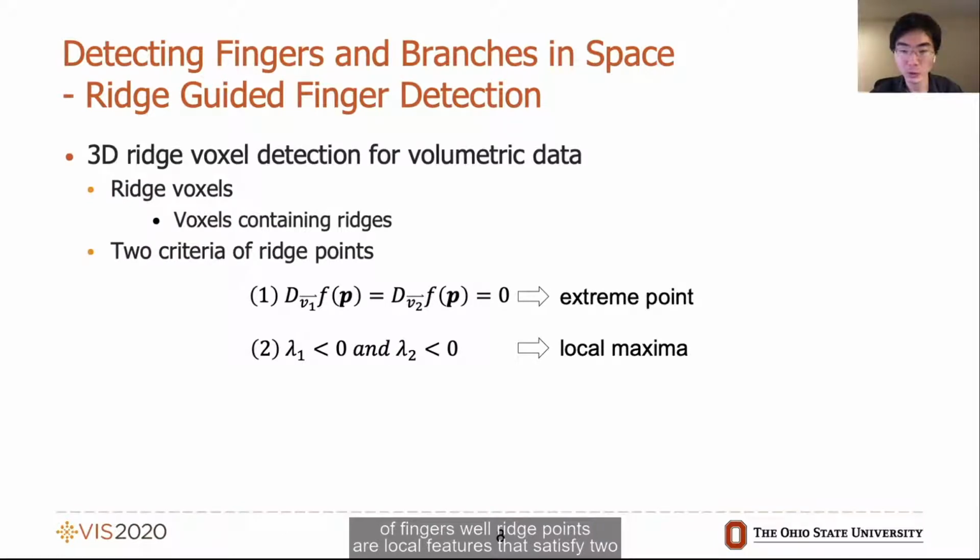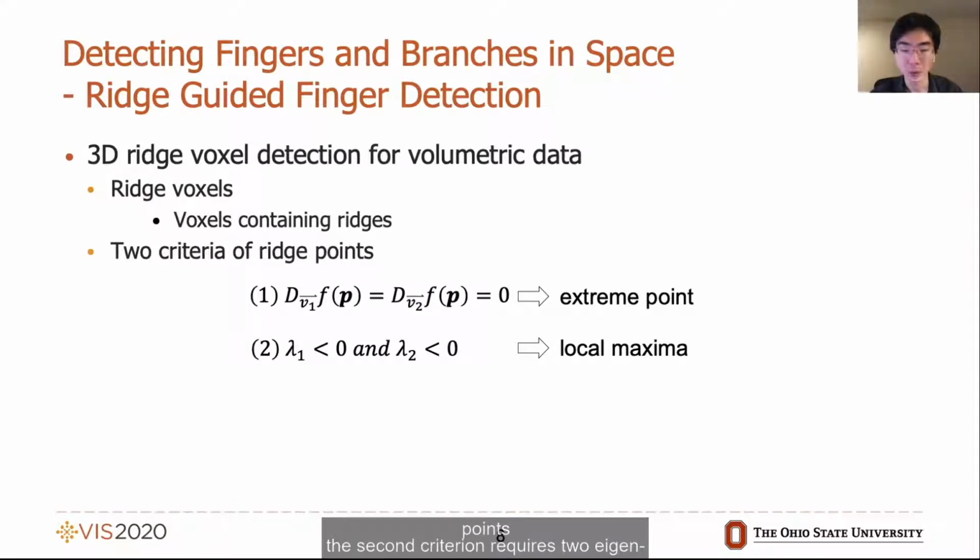Ridge points are local features that satisfy two ridge criteria. The first ridge criterion constrains the directional derivatives of the density function, ensuring the detected points are extreme points.